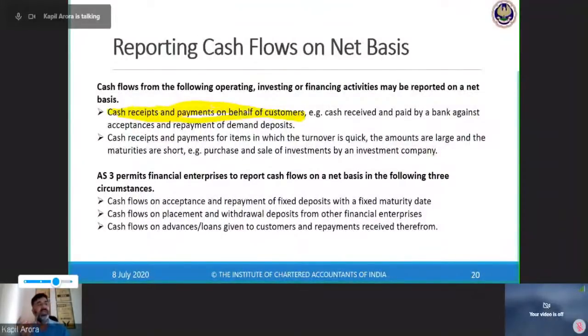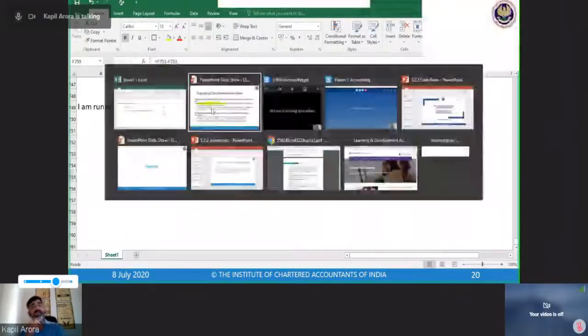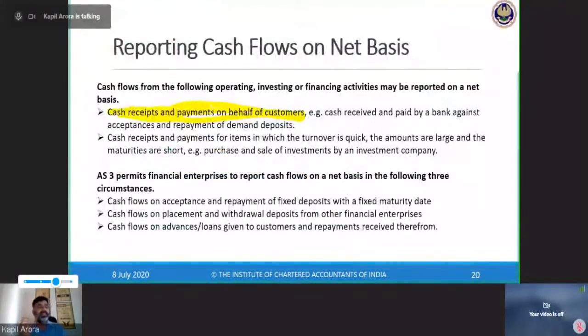When I am doing it on behalf of the customer, if I have collected 1,000 rupees and transferred 950 to the customer, I can show that my net cash flow was 50. I am allowed when I am doing it on behalf of somebody else. Otherwise, every company has to show 1,000 receipt and 950 payments separately.